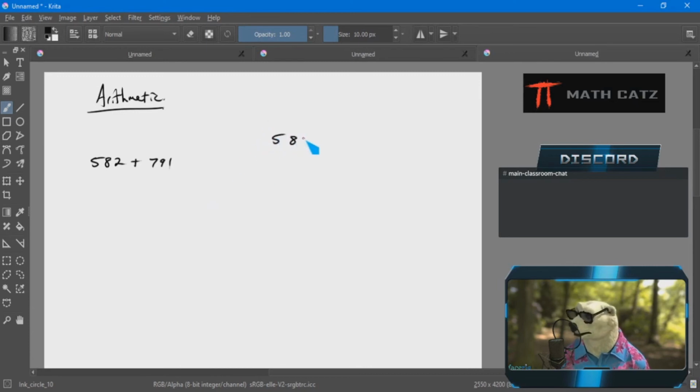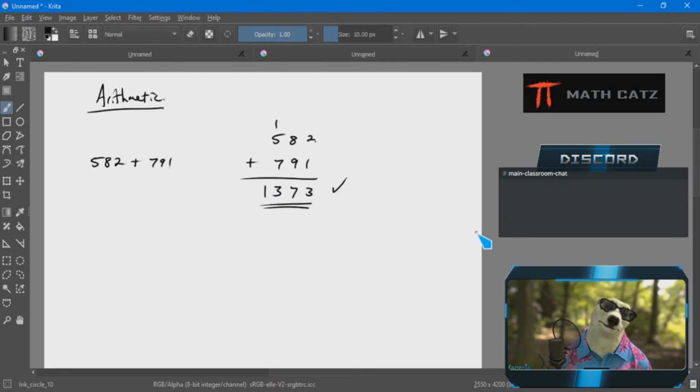Well, I would maybe give myself some space here, line things up nicely. Then 2 plus 1 is 3. 8 plus 9 is 17, so it's 7, carry the 1. 1 plus 5 is 6, plus 7 is 13. So I am done. Certainly correct.